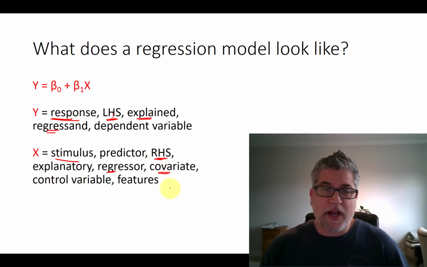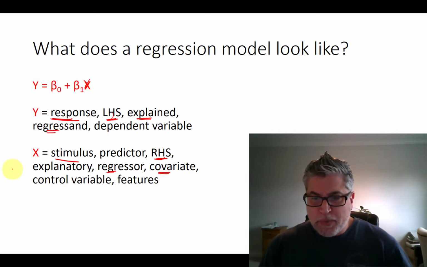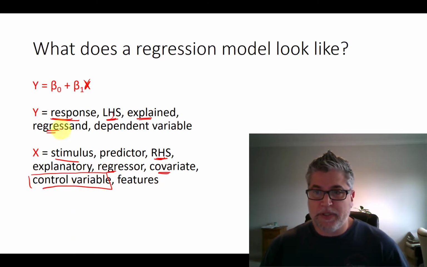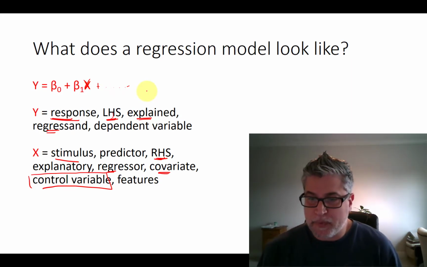Covariates is a very common way of expressing x's because your x's covary with y. Much more common is to call them control variables. Right, so you want to know what the effect of x is on y. You're going to tack on a whole bunch of other x-type variables, and you'll call those control variables.